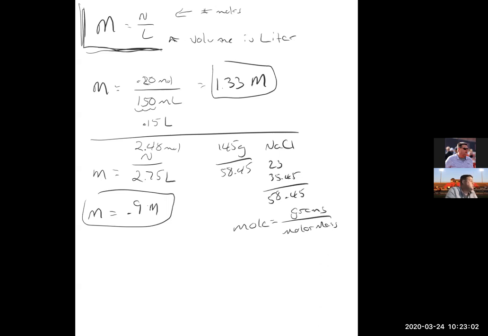So the other question that we might have is when we get down to question number 22. It says, how much concentrated 12 molar hydrochloric acid is needed to prepare 100 milliliters of a 2 molar solution?